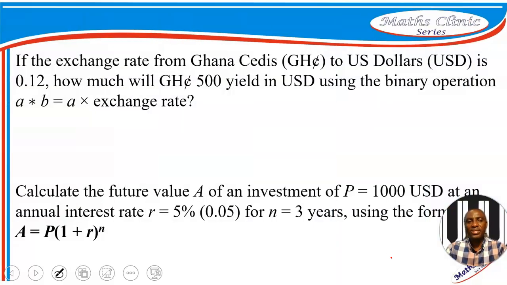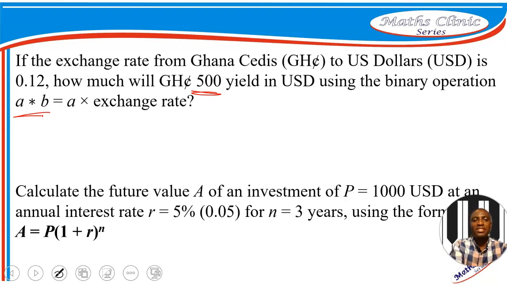So let's take an example and see if the exchange rate from Ghana cedis to US dollars is, let's say, 0.12. How much would someone having, say, 500 Ghana cedis yield in US dollars using the binary operation, which says that A star B is equals to A times exchange rate?